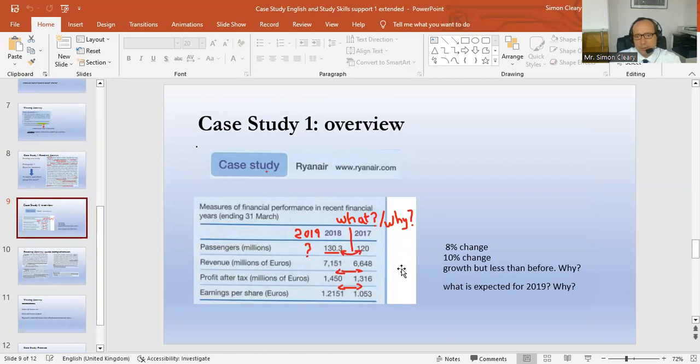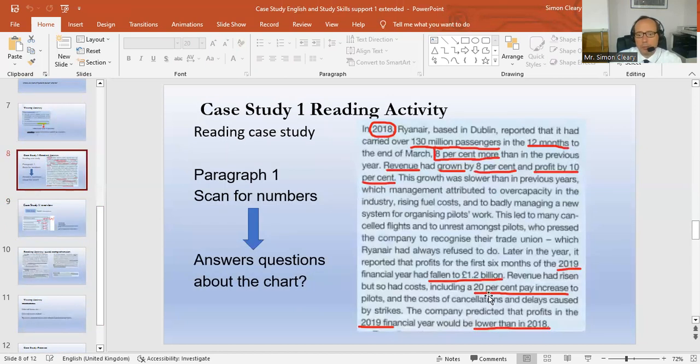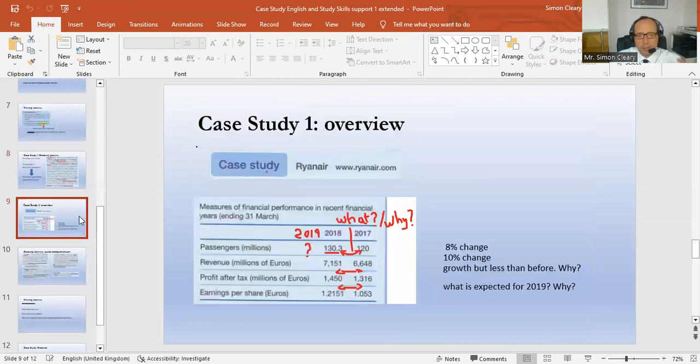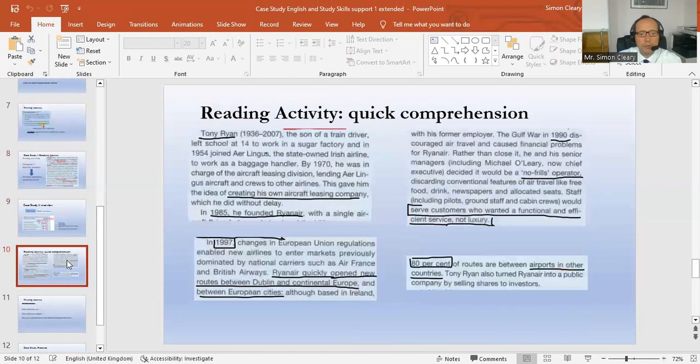So we had the actual fact that there was an 8% or a 10% change, but as we noted in the text, that growth was lower than before. And we started to ask why that was the case. And then we started to talk about what 2019 expectations were in terms of what the numbers actually show us. So we're starting to think about what that information is that we are given and provided with.